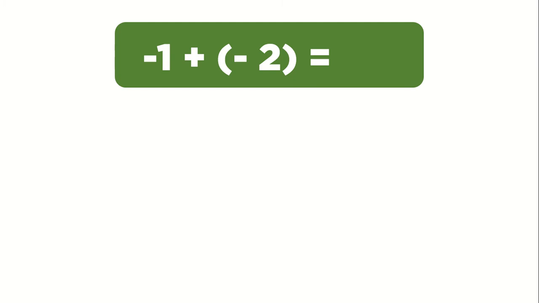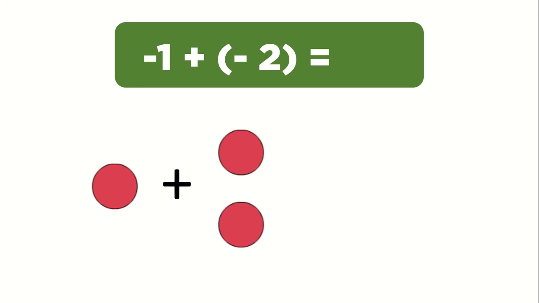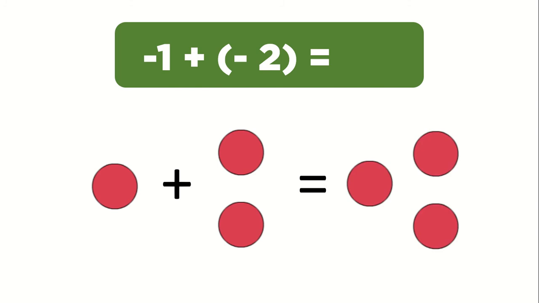So negative 1 can be represented by one red counter. If we add another negative 2, that means there are 2 red counters. If we put them together, that will give us 3 red counters, and it can be represented by negative 3.